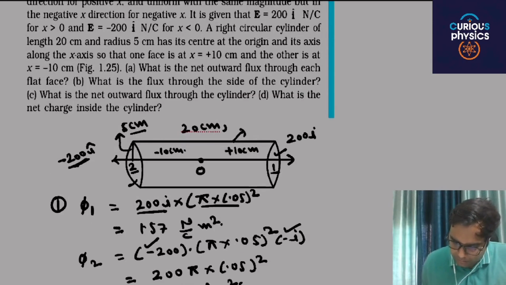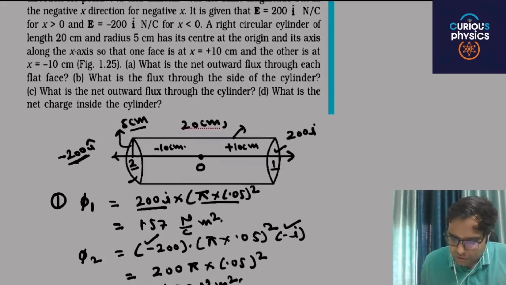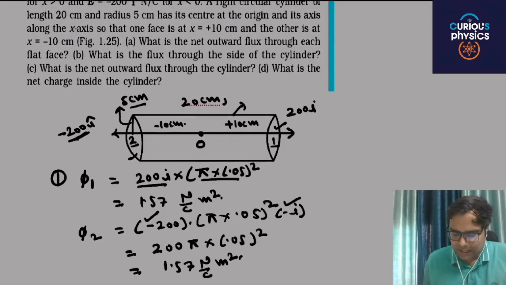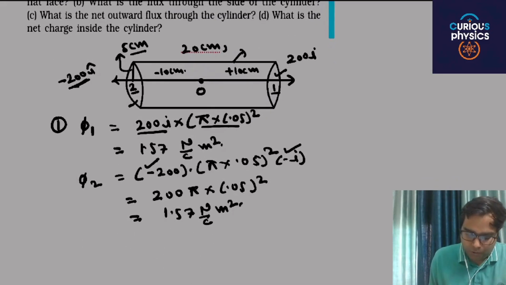In the B part, the question is what is the flux through the sides of the cylinder? The flux through the side of the cylinder is 0, and you know why?